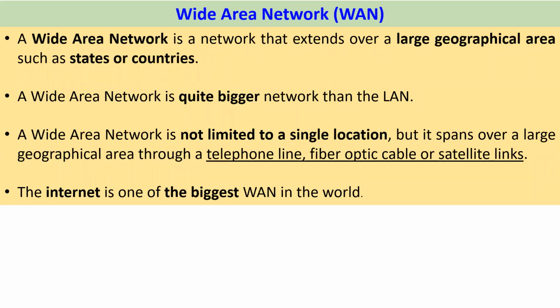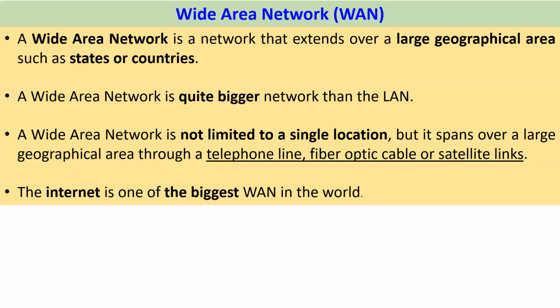Then look at these media. Telephone lines are commonly used. Fiber optics are the most common or popular one when you establish a wide area system. They normally use fiber optic cables. Then satellite links are also used.